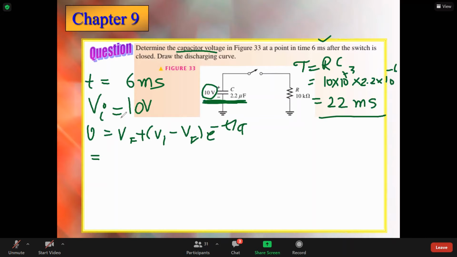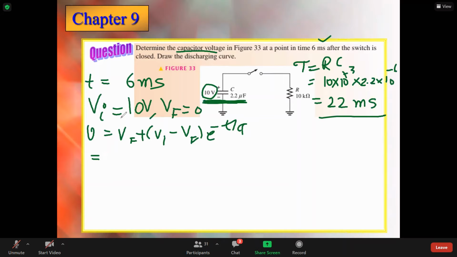The voltage across the capacitor, which is 10 volts, what will it finally be? It is going to be 0, yes, because it will discharge, so the final value will be 0. So it is 0 plus the initial value, which is 10, or just call it VI.